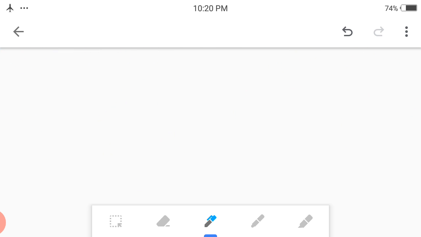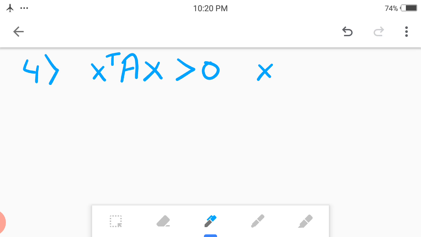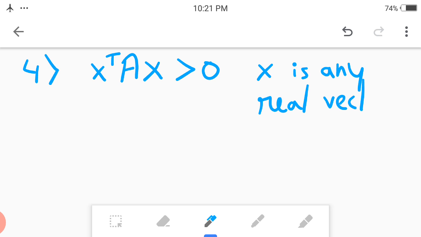We can write down the fourth condition: x transpose Ax has to be greater than 0, where x is any real vector and it is non-zero.